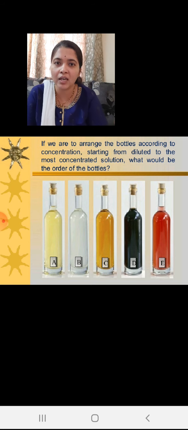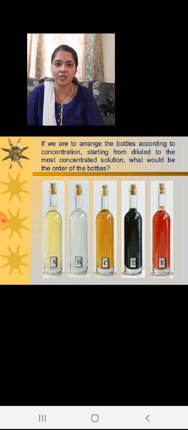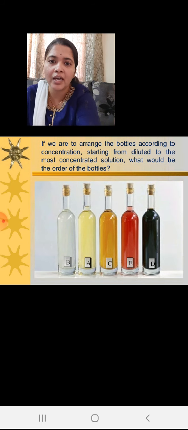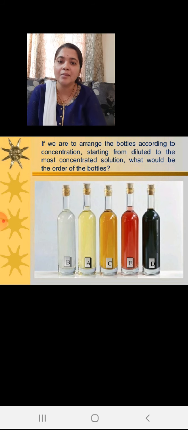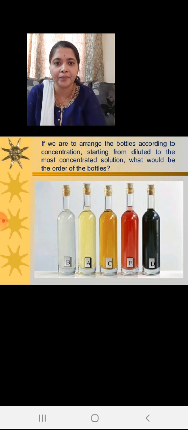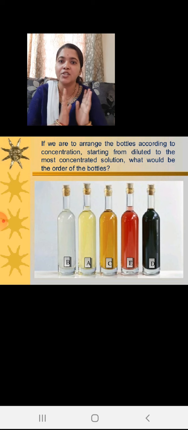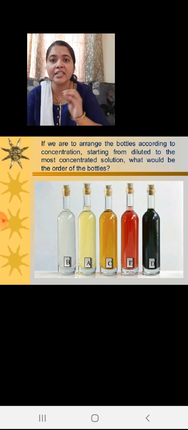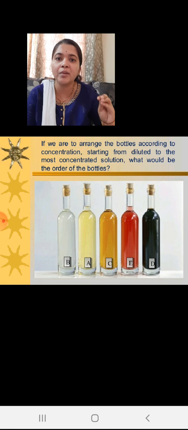By the change of color, you can arrange it. So it is A, B, C, D and E. When we arrange, the order will be B, A, C and D. See, from light color to darker color, that means we are adding solute. When we are adding more solute to the solution, it will become supersaturated, more concentrated.